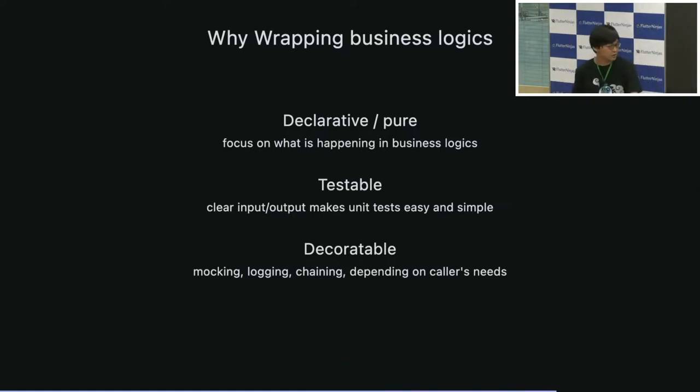It's also declarative, which means we can insert a mocking system, or insert some logging operation before the future operation, or chain another operation before calling that kind of impure operation. That is the benefit of introducing the idea of the IO monad into Dart.